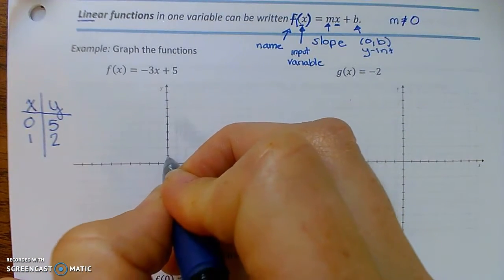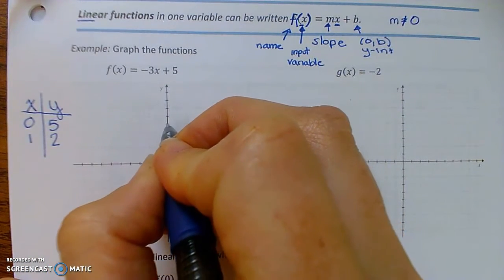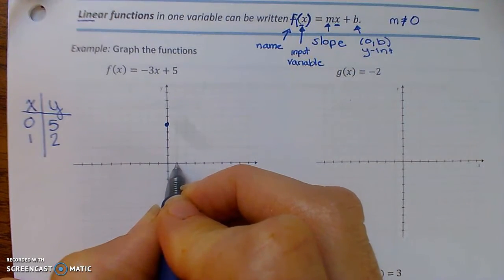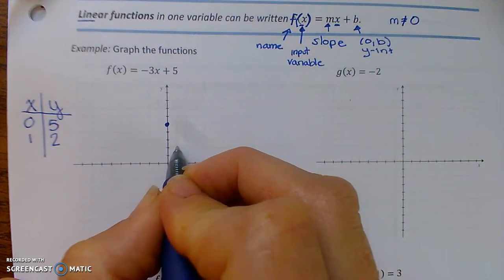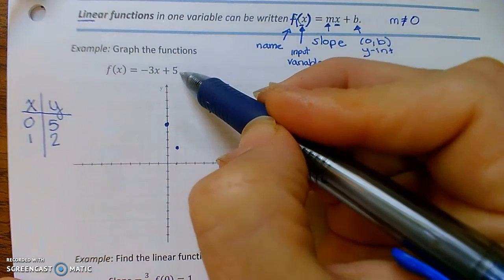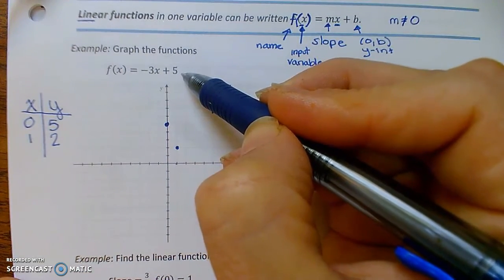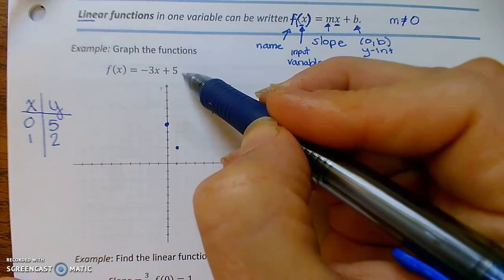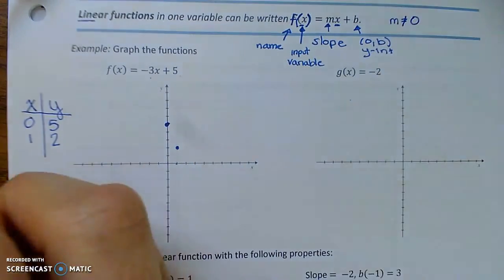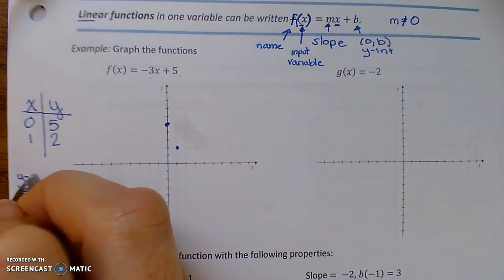So let's go ahead and plot those points. Here's 0, 5. Here is x is 1, y is 2. Notice you could also alternatively use the y-intercept 0, 5, and then use the slope negative 3. So let me just write that down.